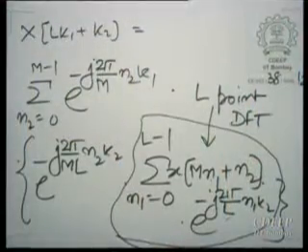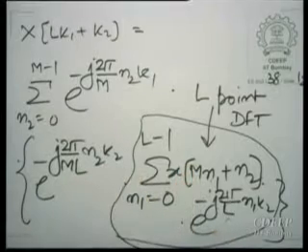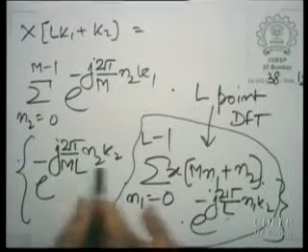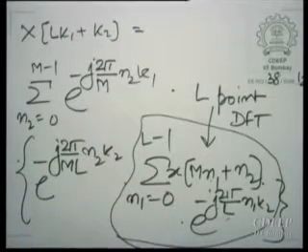Needless to say, some of these multipliers are trivial. For example, when n2 is equal to 0 or k2 is equal to 0, the multiplier is trivial. And in some cases where you are fortunate to get this equal to minus 1, also the multiplier could be trivial. Otherwise, these are non-trivial multipliers.